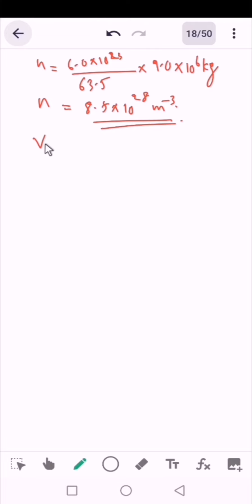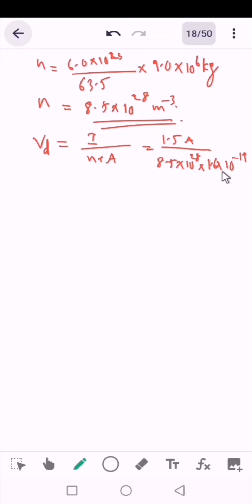Once you have the value of n, you can substitute these values in the expression for drift velocity, so that you will get the answer as 1.5 ampere upon 8.5 into 10 raised to 28 into 1.6 into 10 raised to minus 19 into 1.0 into 10 raised to minus 7 meter square.